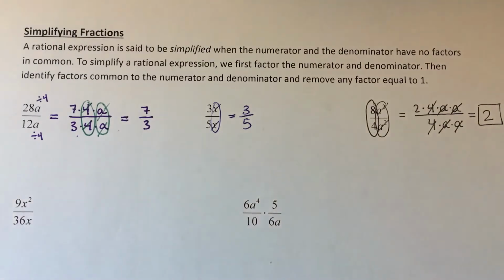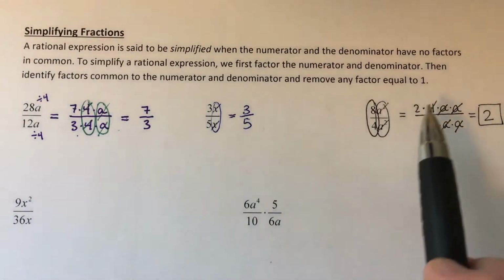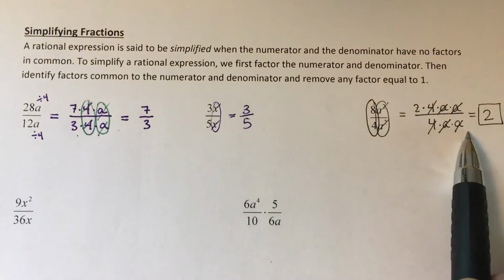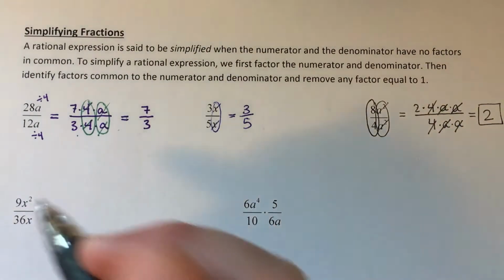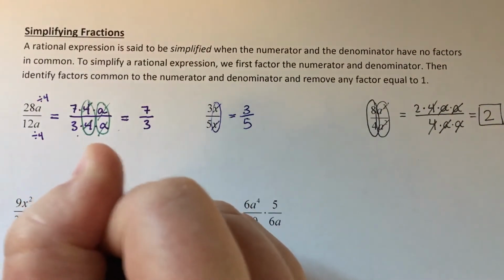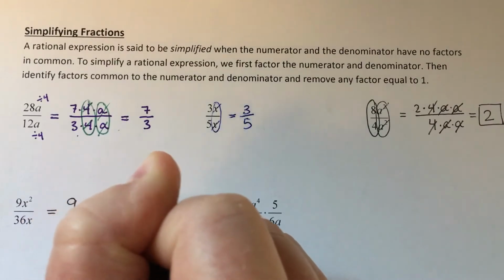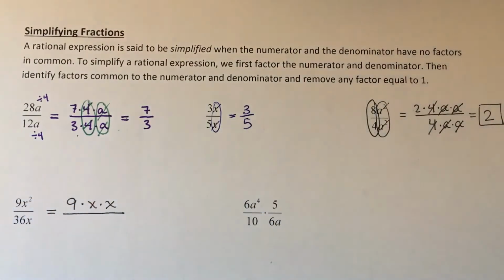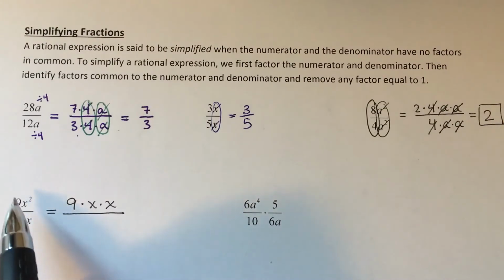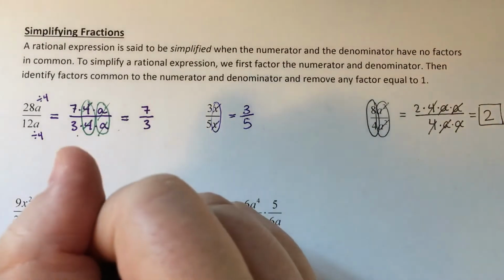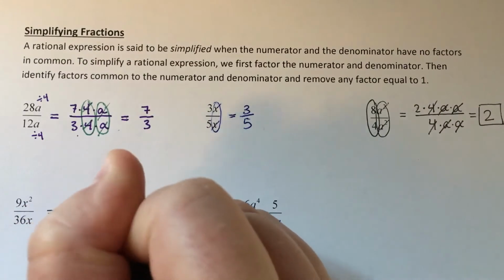All right, let's keep going and see how these go. If you like this option of writing it all out, that will certainly work in this next one. Instead of x squared, I can view it as x times x. And for 36, remember I'm trying to cancel the 9, so I'm going to view 36 as 4 times 9.